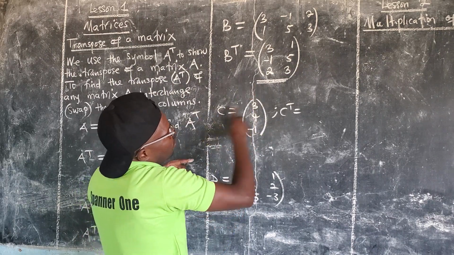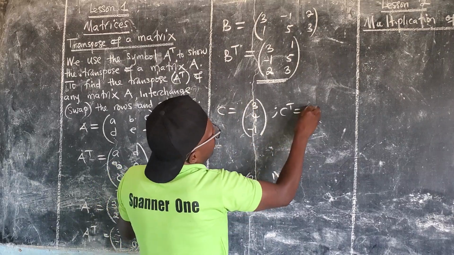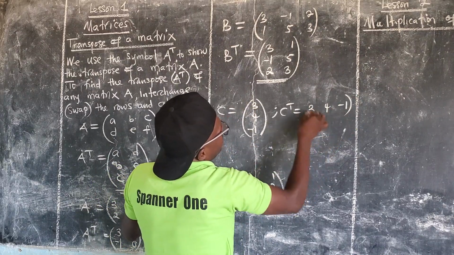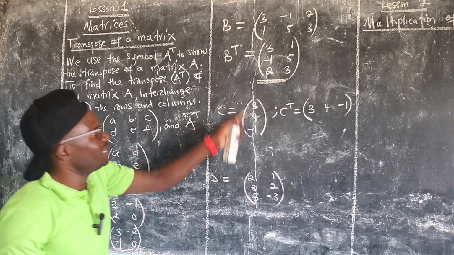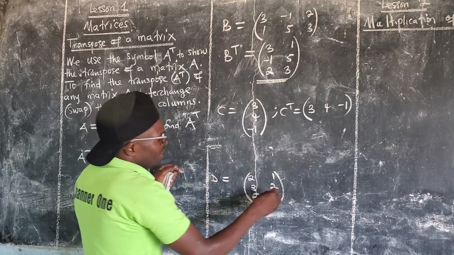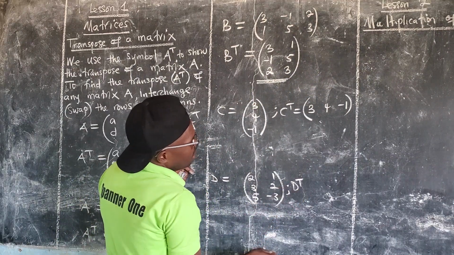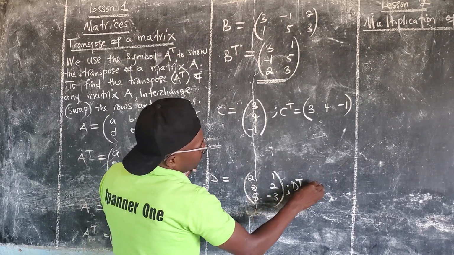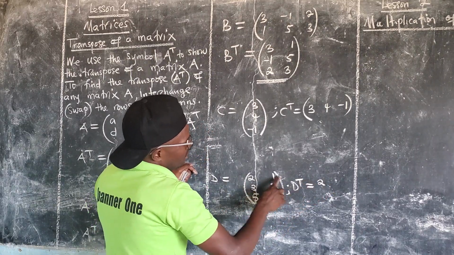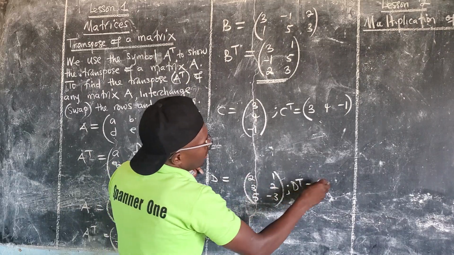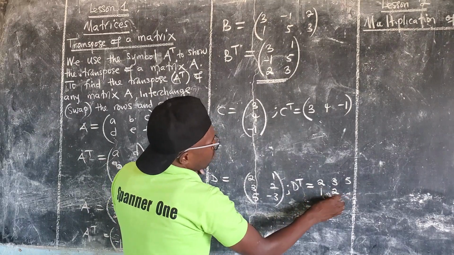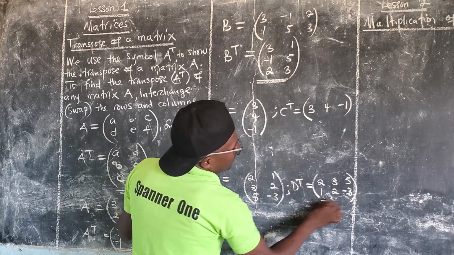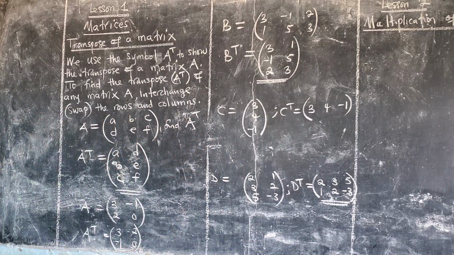Now the rows become the columns, so it will be 3, 4, negative 1. That is the transpose. For D transpose, we're going to have 2, 3, 5, then 1, 2, negative 3, like that. This is how you find the transpose of any matrix.